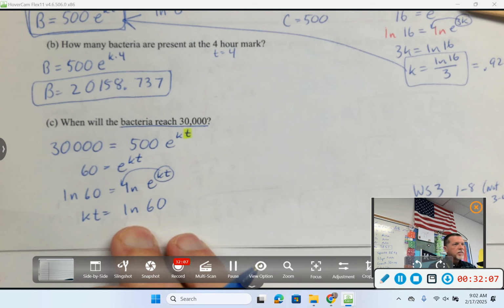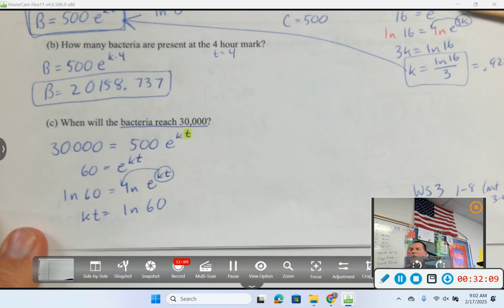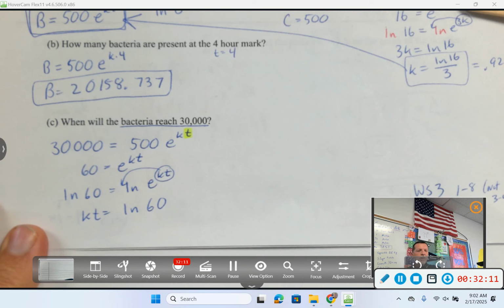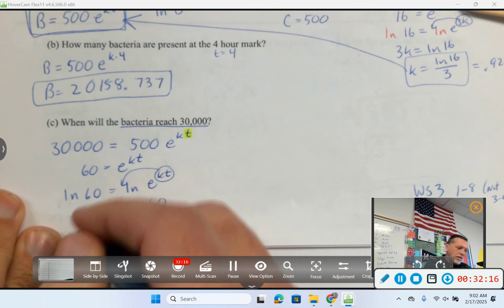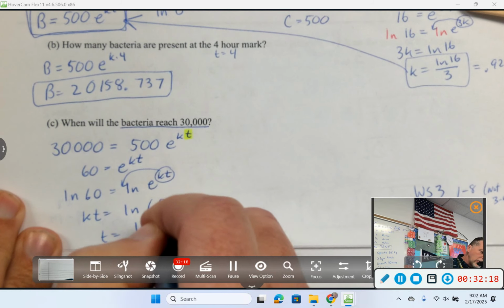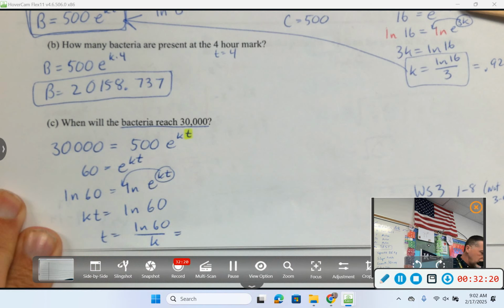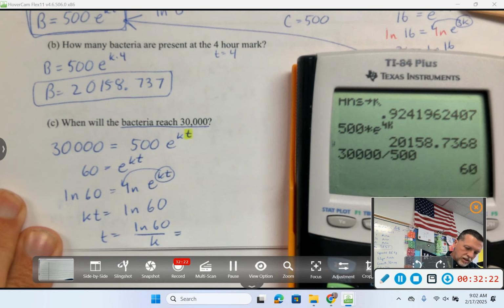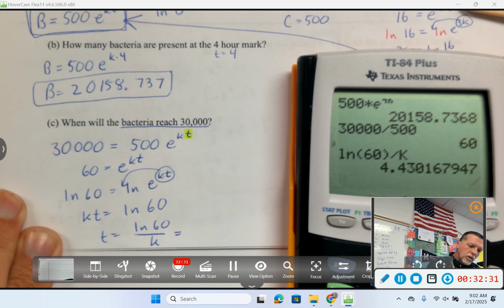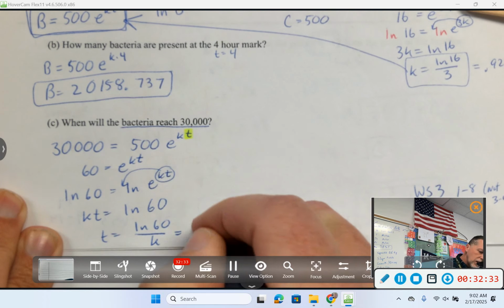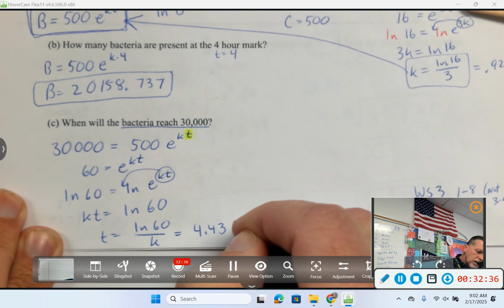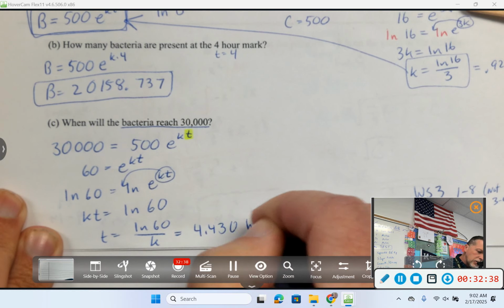And I'm out of popsicle sticks. But that's okay, because the only thing left to do is what? Divide by K. My calculator knows what K is, so natural log of 60 divided by K, 4.430. And we're in hours.